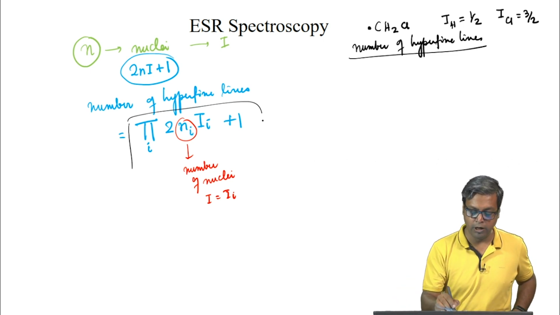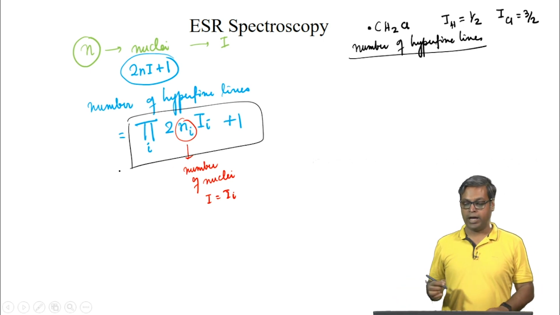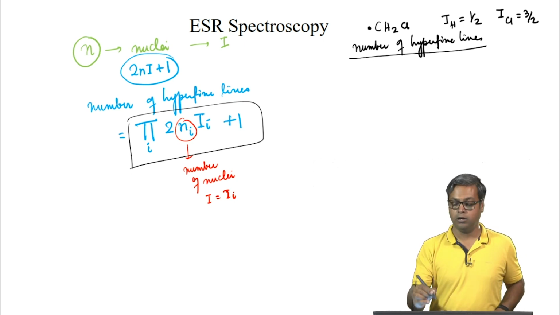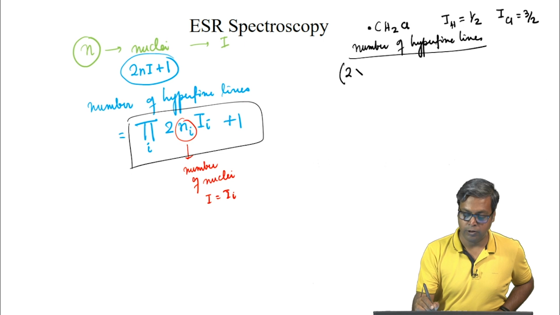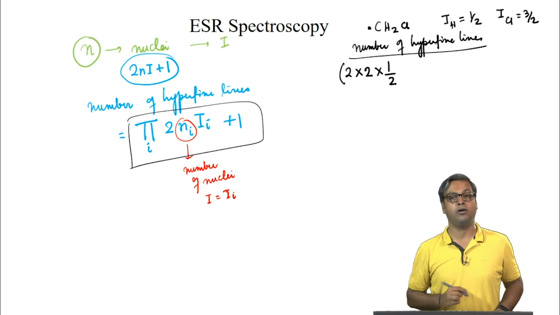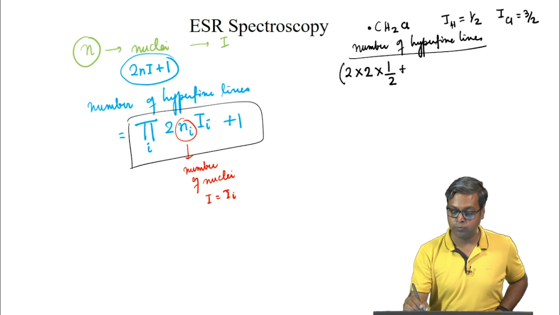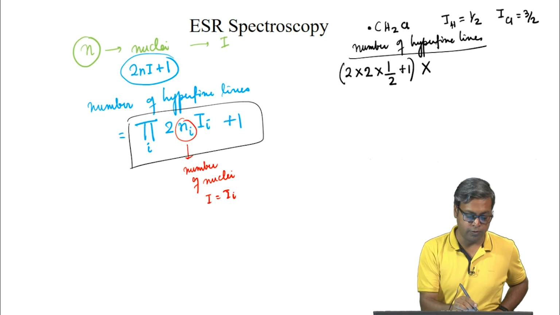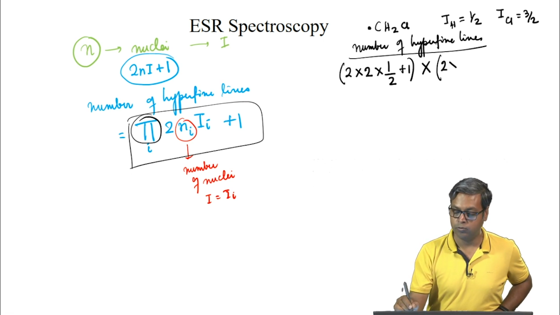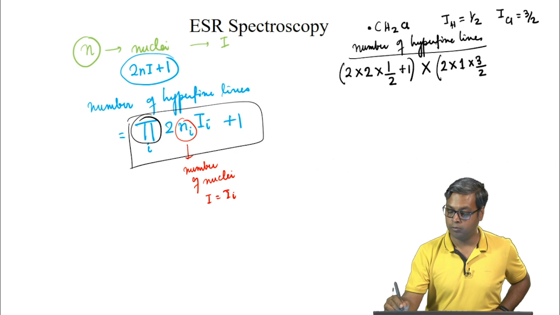using this formula, for the interaction with protons, we have 2 times 2 protons times half, that is the value of I for proton, plus 1. Then we multiply, because we have this symbol here, by 2 times 1 chlorine times the I value of chlorine, that is 3 by 2, plus 1.